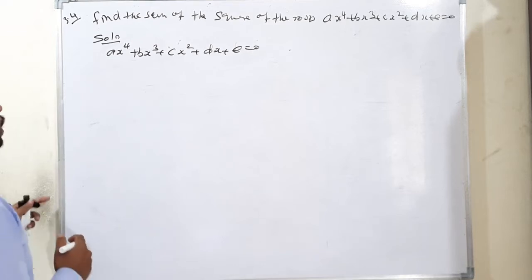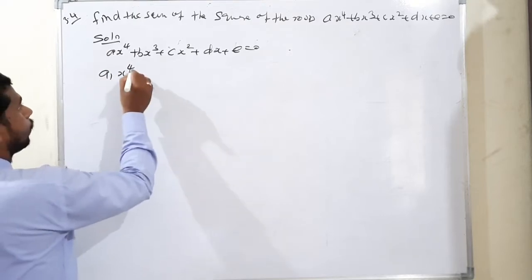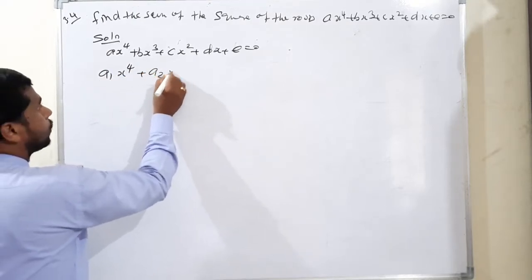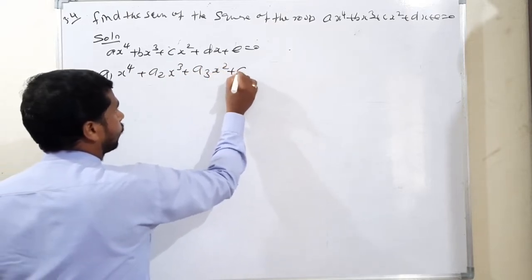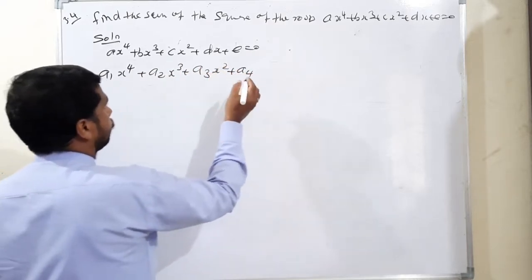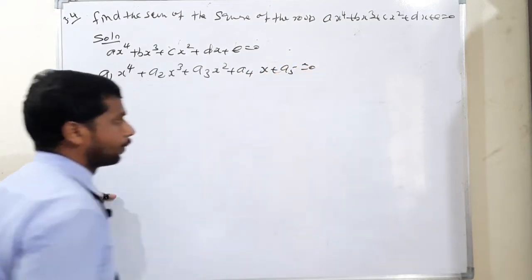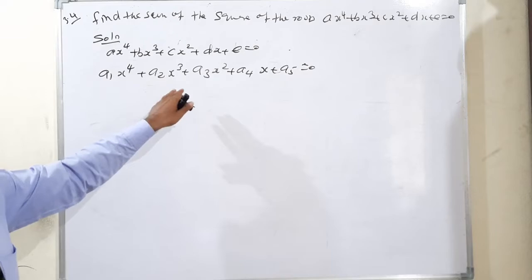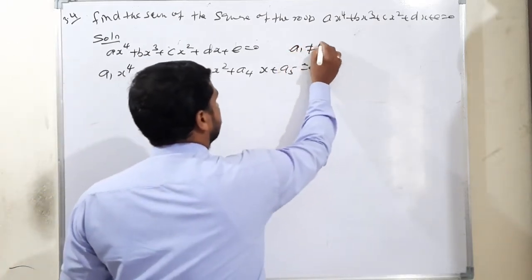What is the main formula? Nth root of 4 means a1 x to the power 4, then plus a2 x cube, then a3 x square, then a4 x, then a5 is equal to 0. What is the main condition? The leading coefficient is always not equal to 0, that is a1 not equal to 0.